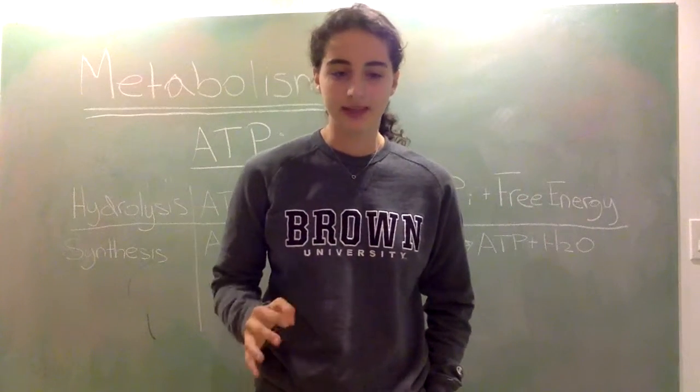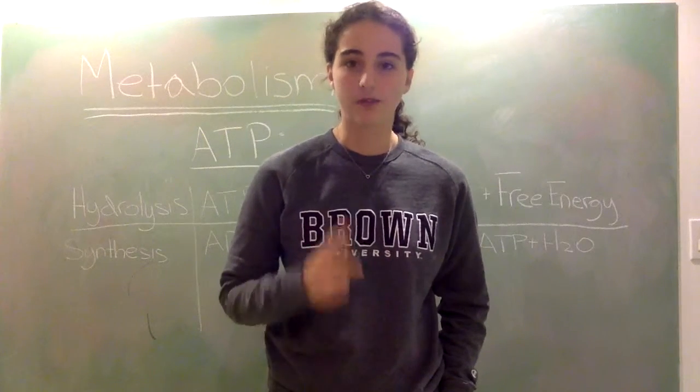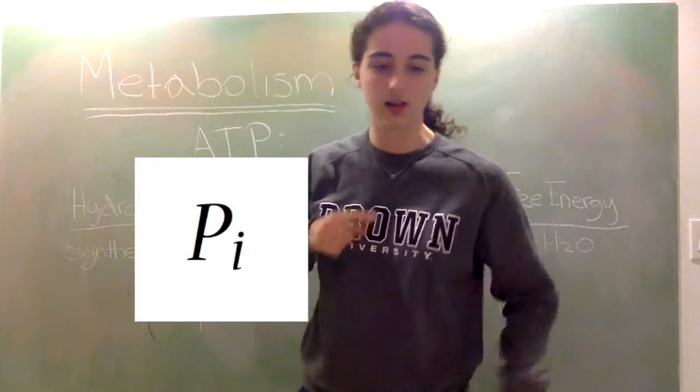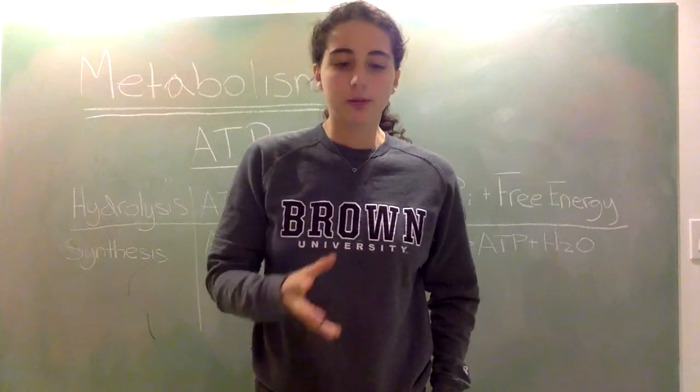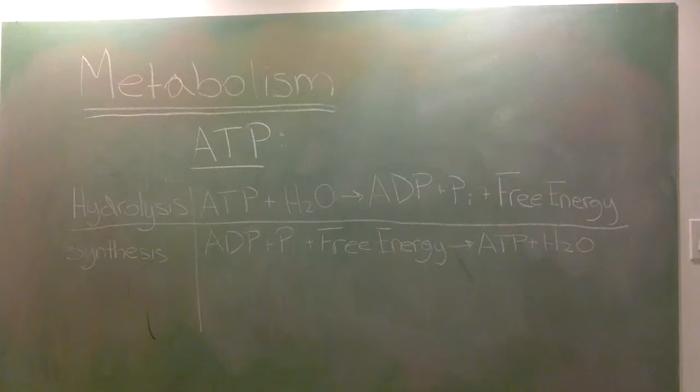Hydrolysis of ATP is the breakdown of ATP into ADP and 1 phosphate, which is expressed as Pi, which you can see here. The reaction releases energy and consists of ATP plus water yields ADP plus Pi plus free energy.